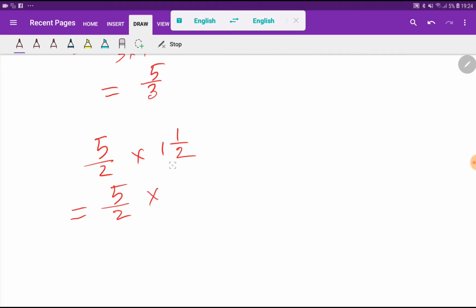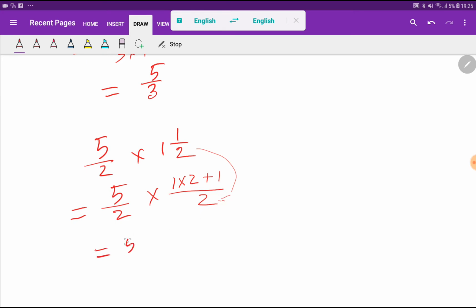So what will I do? I will multiply this integer times this denominator plus I will put the numerator, and denominator will be the denominator, right? No change of denominator.